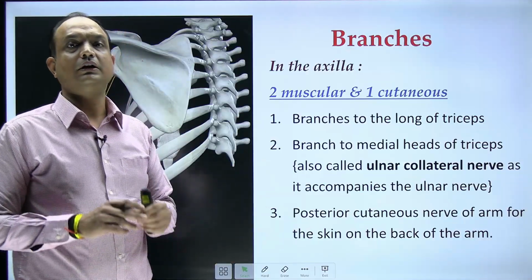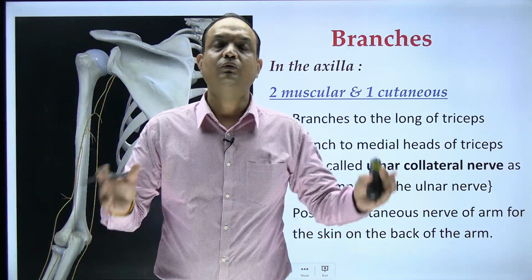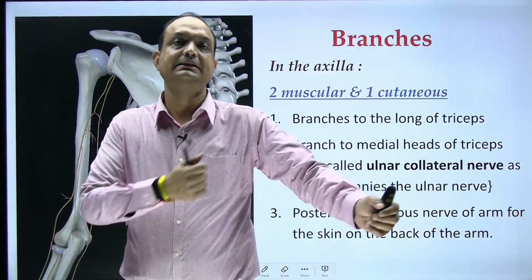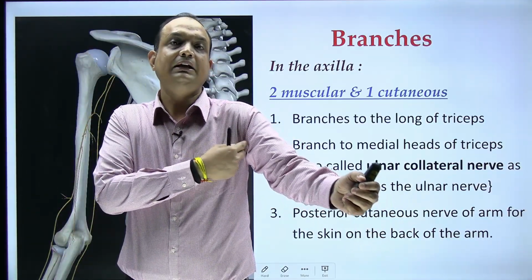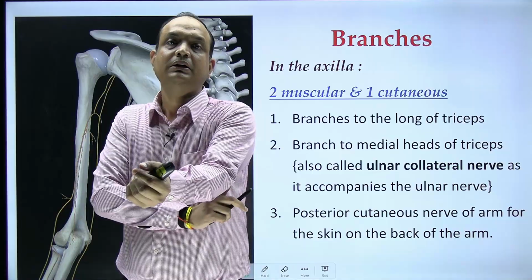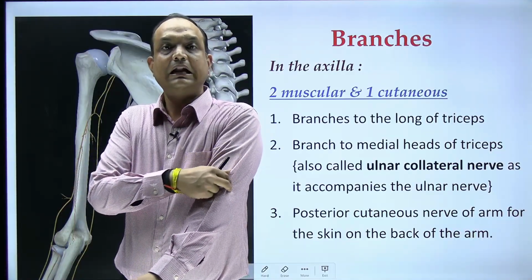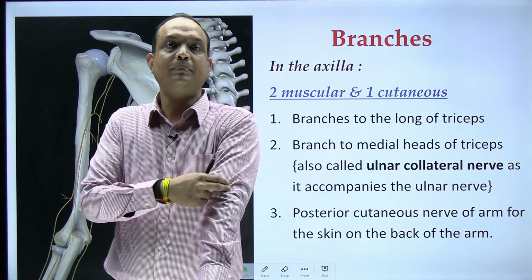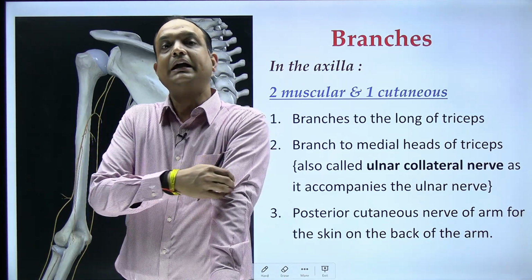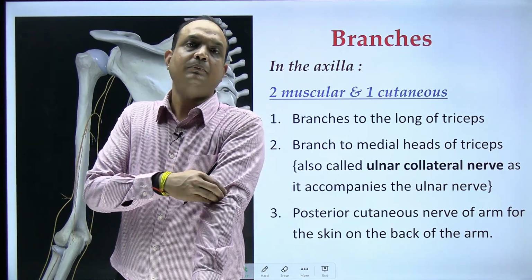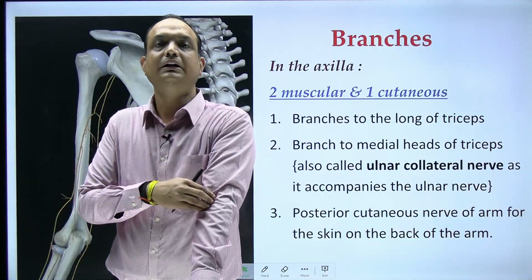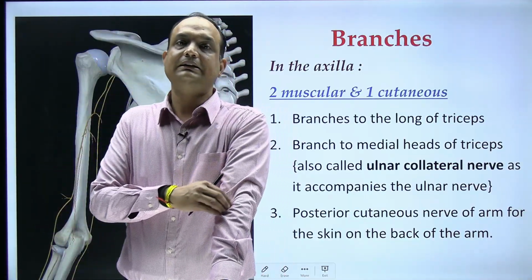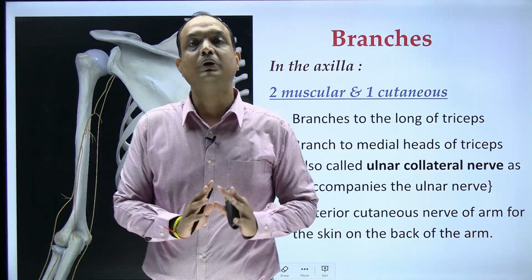So once you are reading the course, you have to understand that the nerve arises in the axilla, then it runs in the posterior compartment of the arm, then it pierces the lateral septum, then it comes into the anterior compartment of the arm in the lower part, and here it lies lateral to the brachialis but medial to your extensor carpi radialis longus and brachioradialis, and then it terminates into the two terminal branches.